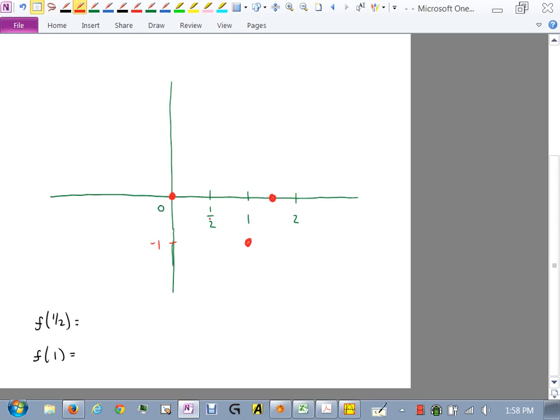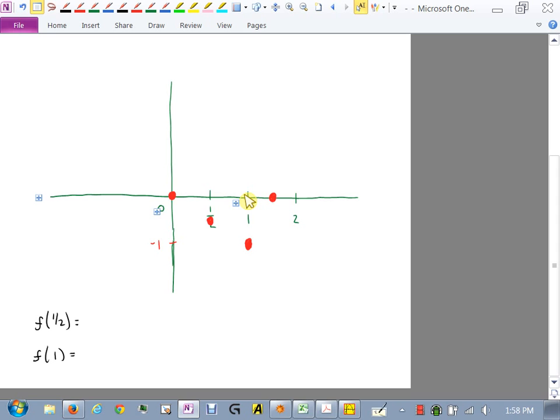That's going to be right around here. Do we have any questions? Sure? Plugging these numbers, 0, 1/2, 1, into the original function.